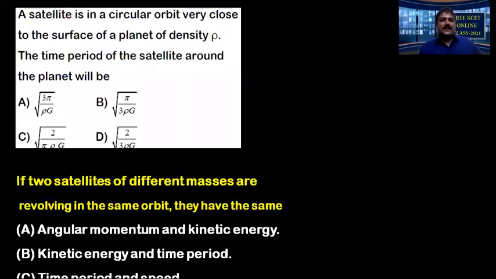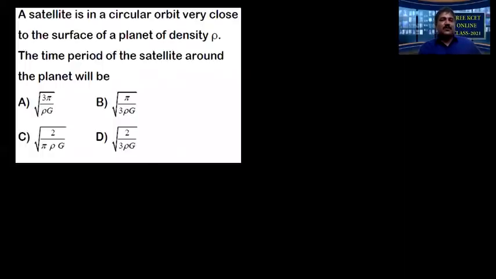Then the next question: a satellite in a circular orbit very close to the surface of a planet of density rho. The time period of the satellite around the planet will be? To answer this, either it is a memory-level question and option A is right, or you want to solve it.